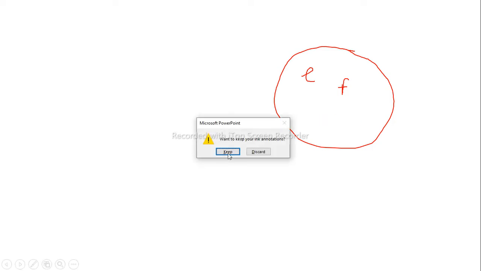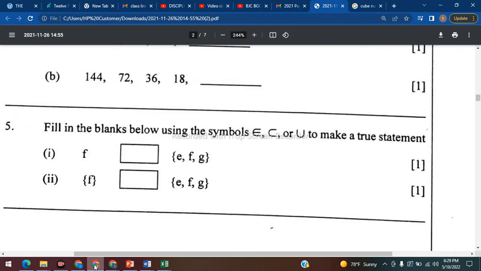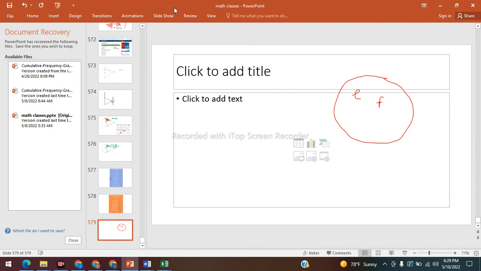G. Yeah, E, F, and G. Tell me, what are all the subsets of this set? Give me all the subsets.